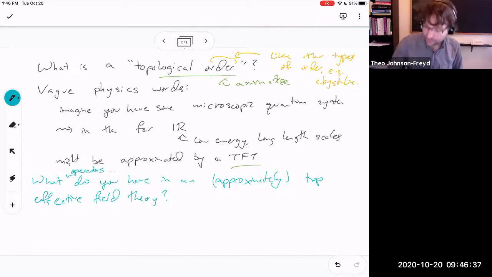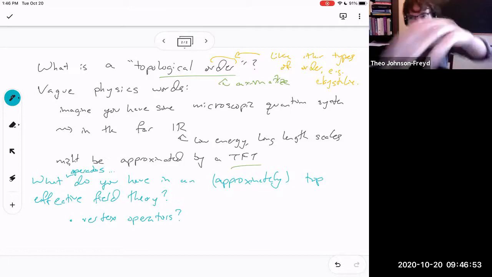For instance, one of the things you might have is vertex operators. You might have operators in your theory that you can insert just at points in space-time.